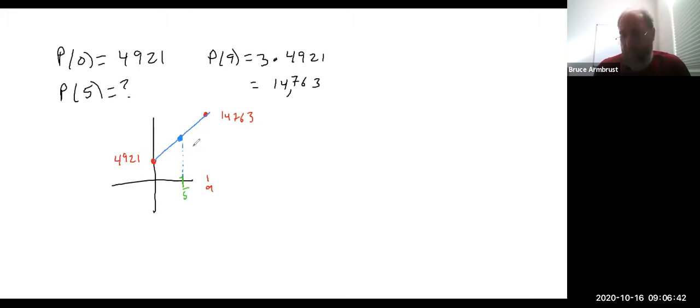All right, so we've got 2 points. Those 2 points are enough to get the equation of a line, right? We just need to get the slope. So the slope's going to be 14,763 minus 4,921 over 9 minus 0.